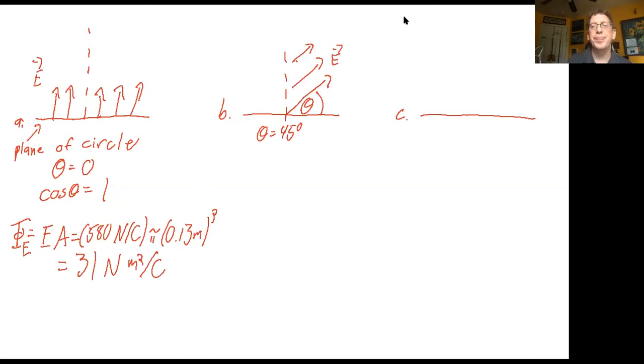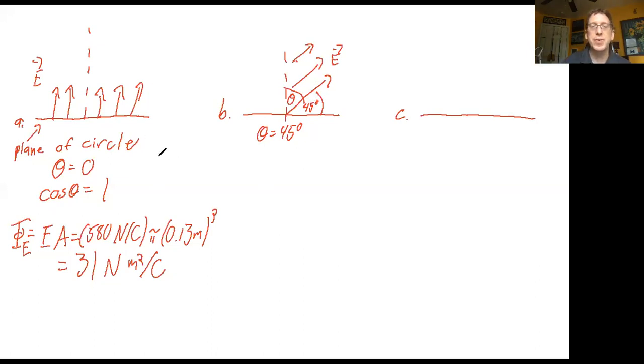And so maybe the best way to set this up would be like that. Okay. So this is 45 degrees. And then this angle is theta, but theta is also going to be 45 degrees.